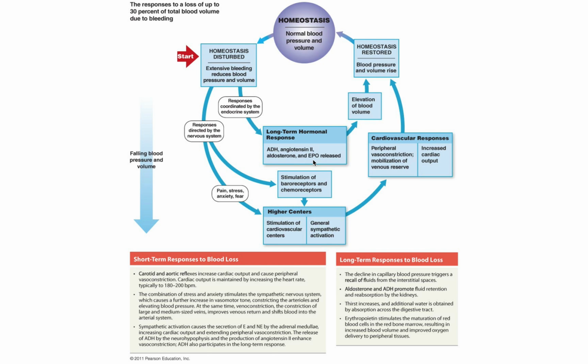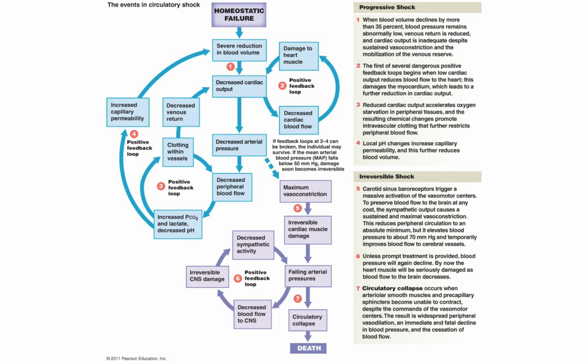Those are all going to increase blood volume by reabsorbing water or producing new blood cells, and that's going to work to bring our blood pressure back to normal. If those don't work, if our blood pressure falls, we can go into shock. Shock develops when normal compensation mechanisms cannot maintain adequate cardiac output and blood flow.